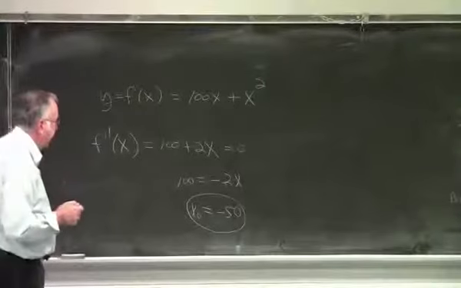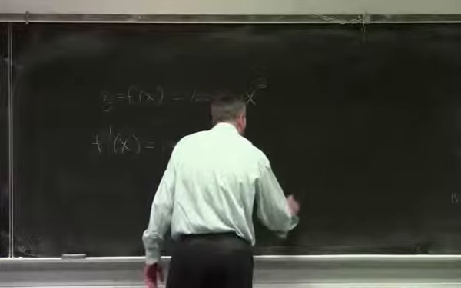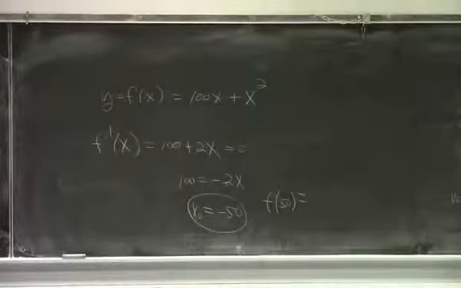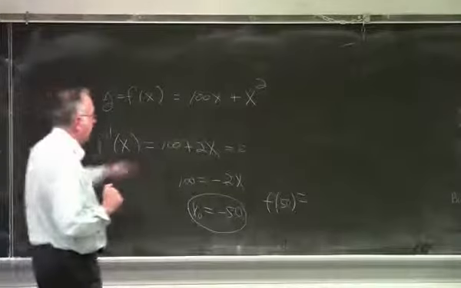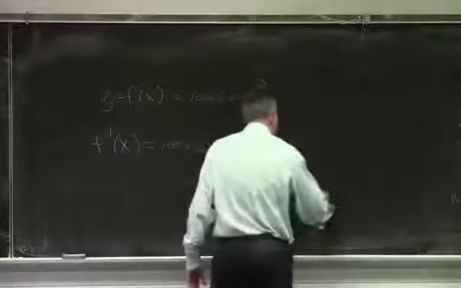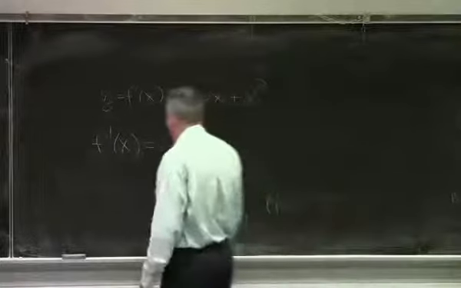And what is the stationary value of the function? What is f of minus 50 going to be in this case? Okay. Yeah, it would be 5,000 plus 2,500, so 7,500. Okay.